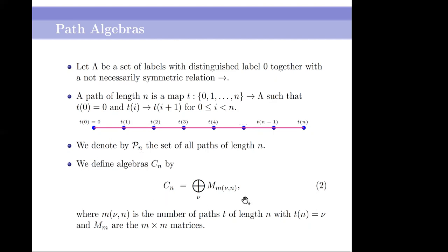And we will define by Cn the algebra of block matrices, m by m matrices, where m_nu^n is the number of paths of length n that end in nu.